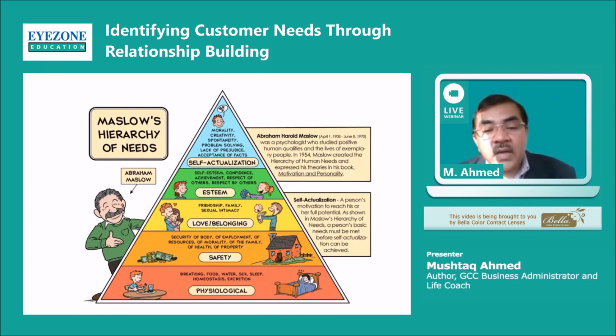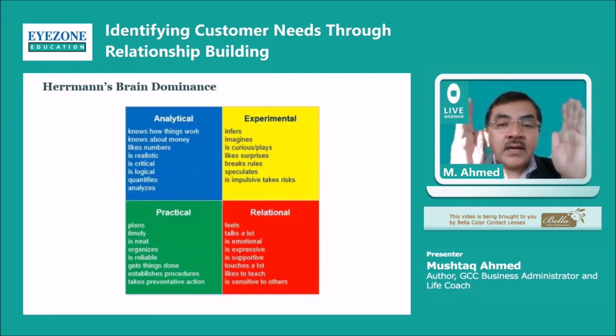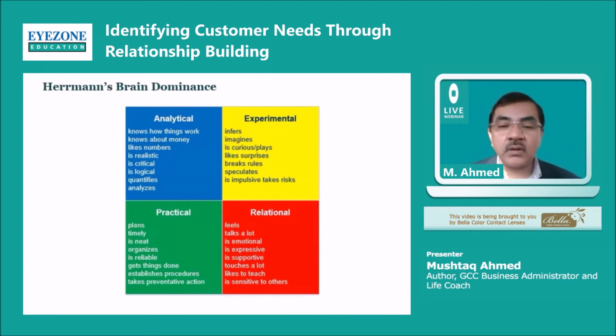Some people might have a need, some people might have a want. So we will address them, and accordingly, through Herrmann's brain dominance model, where on one side there are people who are experimental, on the other side they are relationship-oriented, on the left side there are people who are very analytical, and at the bottom they are very practical and safekeeping.